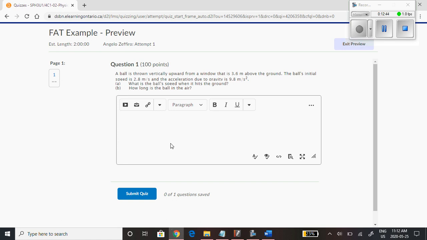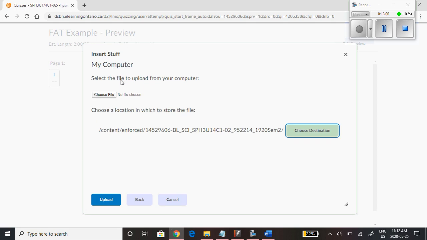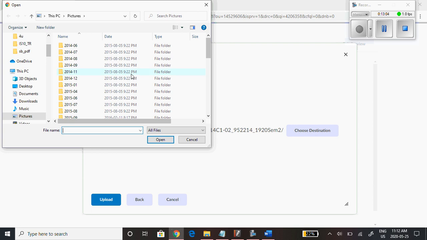Right in here is a text box to answer your question, but that would be tough to do. So what we're going to do is, you see this here? It says insert stuff. You're going to insert your solution here. Where are you going to get your stuff? From your computer, and you're going to choose a file to upload. You'll go into your C drive or whatever, and you'll upload a file.